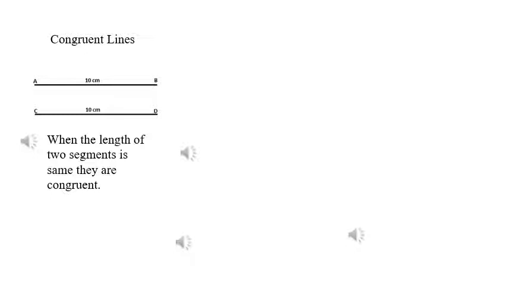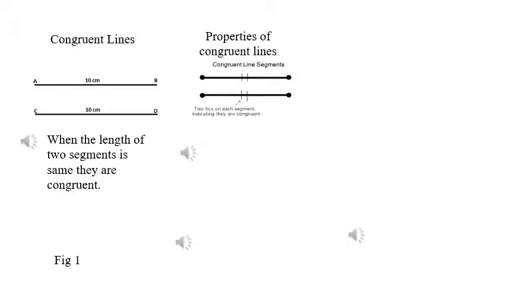So here the first figure shows us congruent lines. Now in the second figure you can see here there are 2 congruent lines given to you and there are 2 ticks which are used. Now this is a symbol used to indicate that the 2 lines which have the same ticks are congruent.